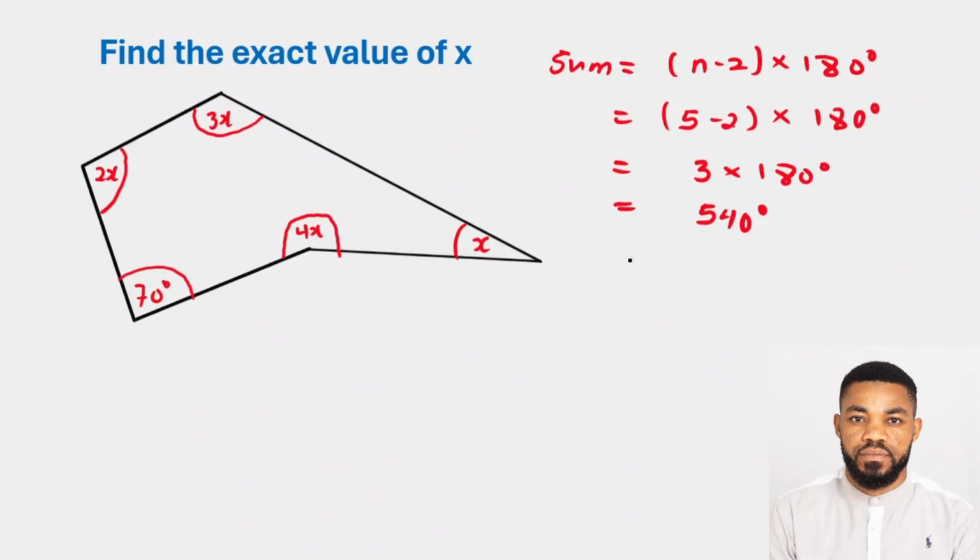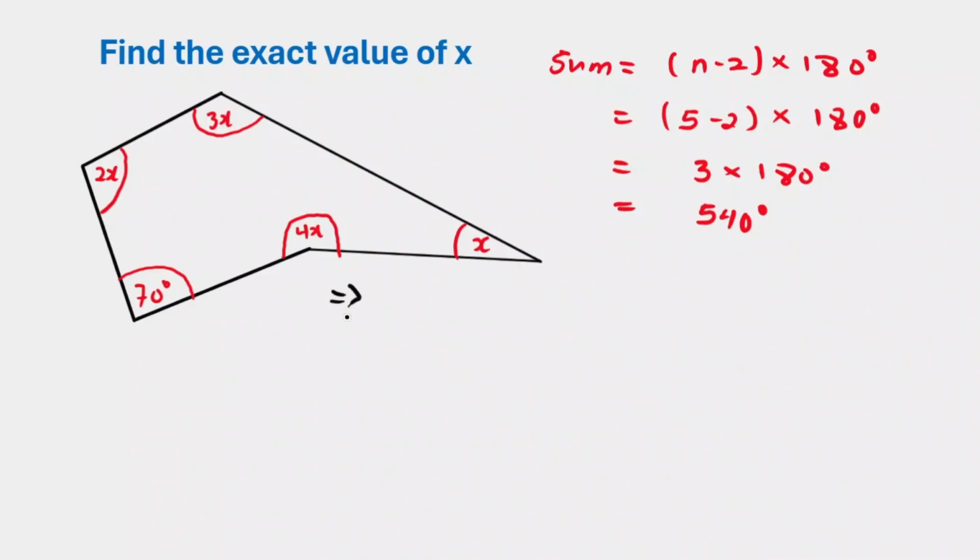So now that we know the sum of the interior angles to be 540, it means the sum of these angles should give us 540 degrees. So this implies that 3x plus x plus 4x plus 70 plus 2x should give me 540 degrees.